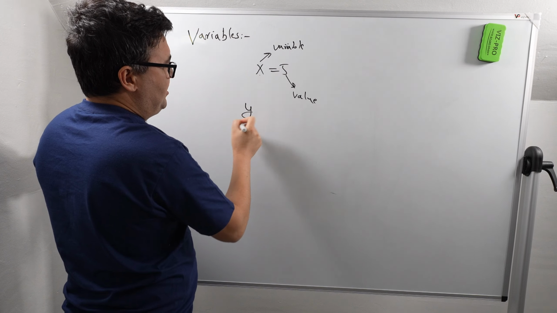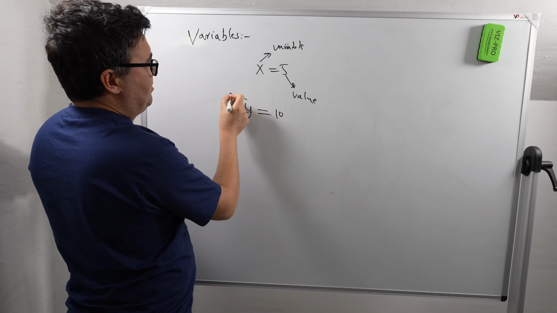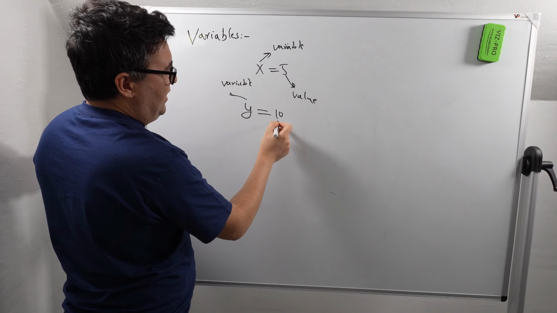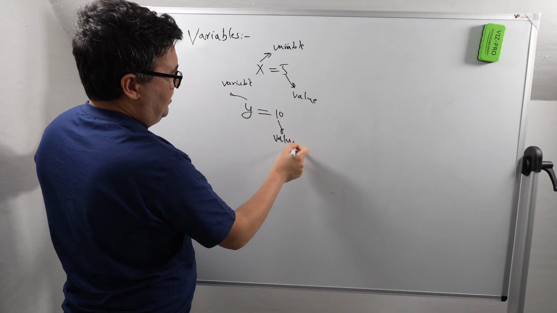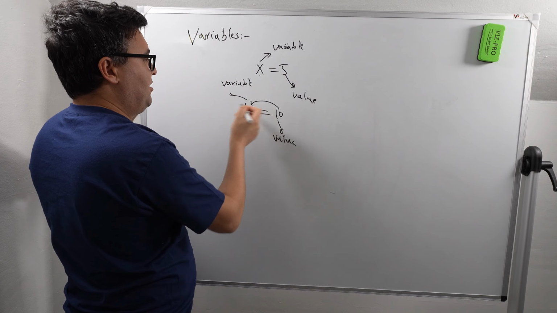The same if we say y is equal to 10. Here y is the variable and 10 is the value of the variable which is stored inside, and this is the assignment operator which stores this value inside the variable.